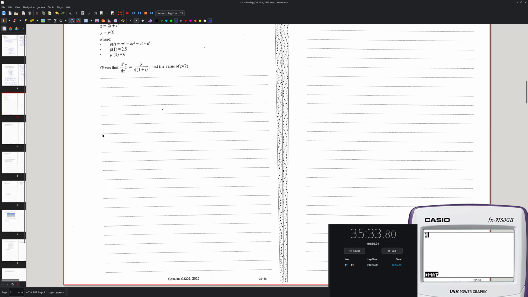So okay, y is equal to at cubed plus bt squared plus ct plus d. X is equal to 2t plus t squared.